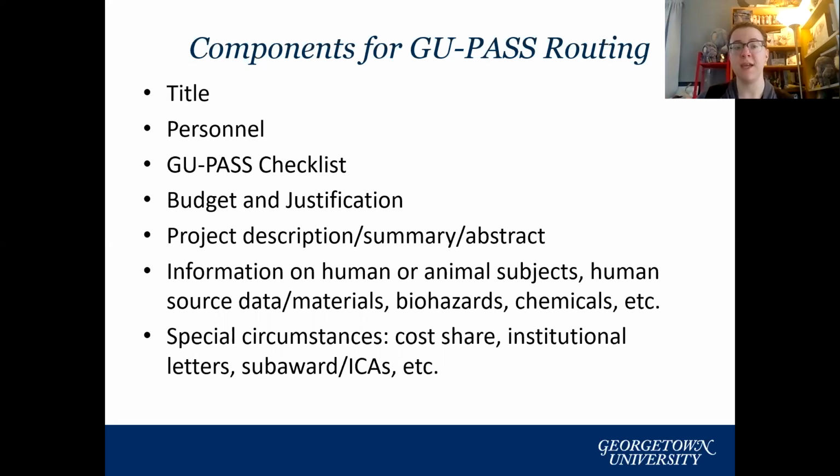And we also will take in any information that you have related to using animals, humans, biohazards, etc. If you've got IACUC approval, or you're still waiting for IRB, or you haven't submitted yet, we'll track that as well. And we can also put in information related to cost share.